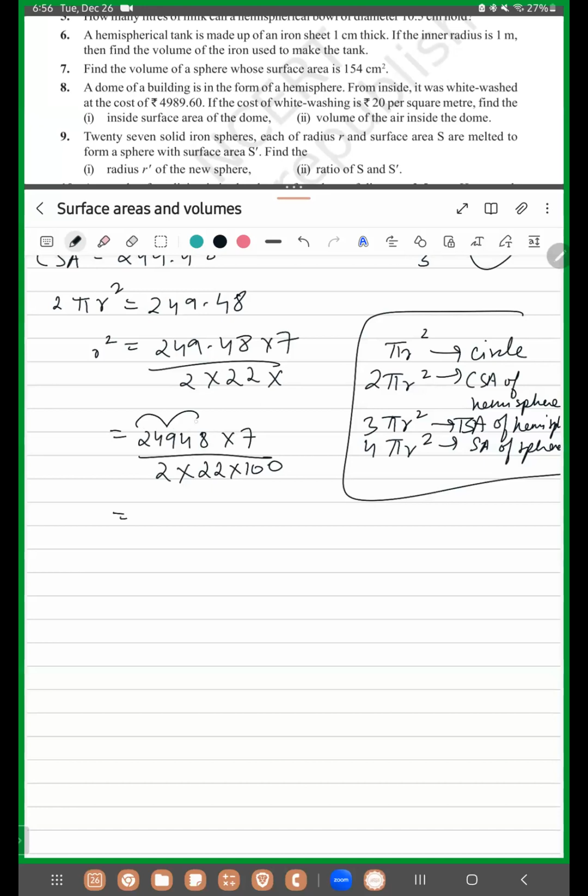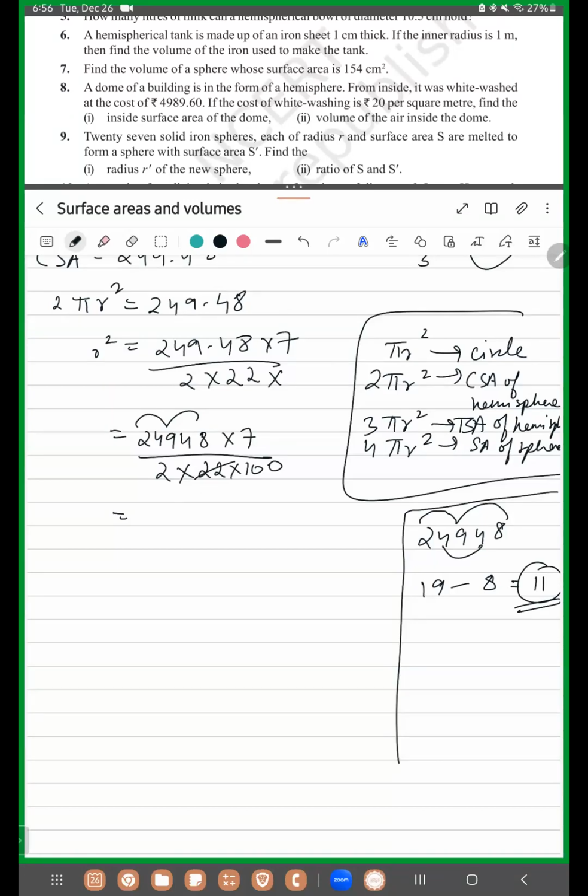So 24948. Let's see if it is divisible by 11. Since you guys are in ninth grade, I hope you already know how to check the divisibility of 11. 2 plus 9 plus 8 is 19, and 4 plus 4 is 8, and 19 minus 8 is 11. So yes, this is divisible by 11.